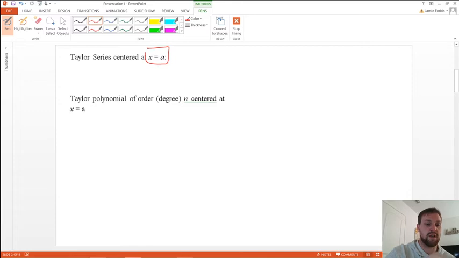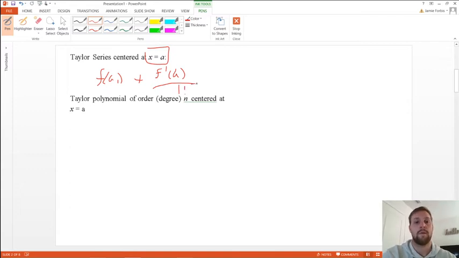If you look back at your notes from yesterday, instead of f of 0, it's going to be f of a, plus the same thing as yesterday, but instead of f prime of 0, it's f prime of a, still over 1 factorial. But instead of times x to the first power, it's times x minus a to the first power. So all we're doing is including that horizontal shift.